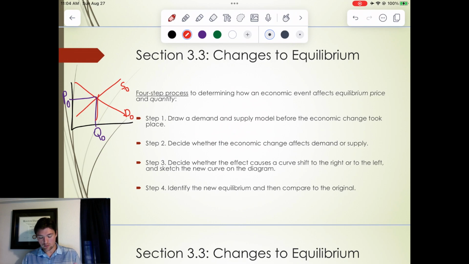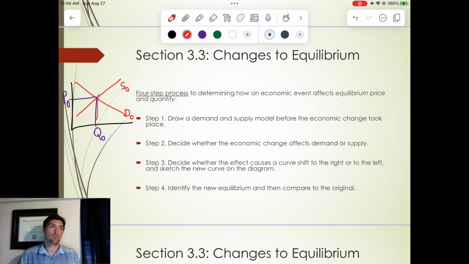Step two is determine whether the economic change affects demand or supply. So that goes back to what happened, and then you figuring out, okay, is that me or is that the business, right, the firms? And that's really going to help you out determining if it's demand or supply. So if the situation came up, a consumer has more income, obviously it's going to be demand.